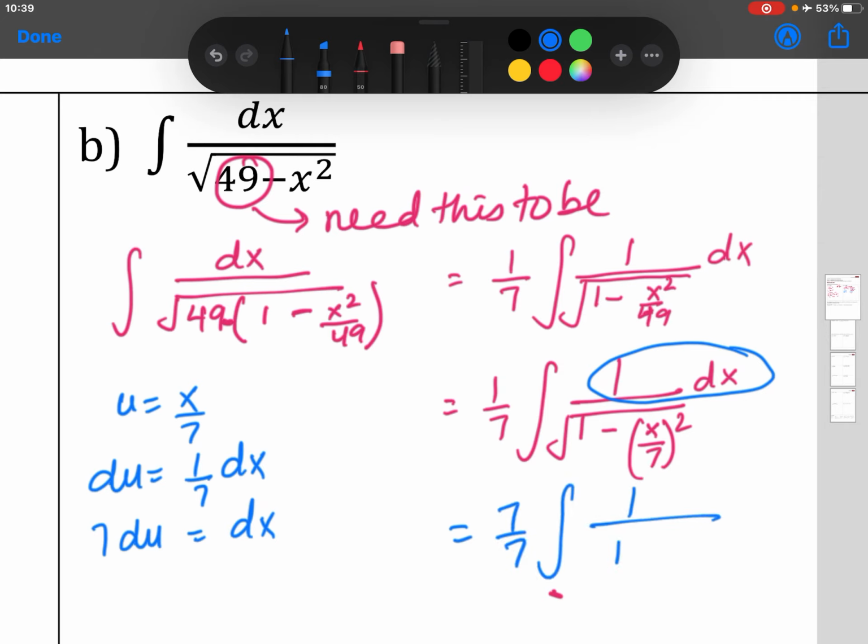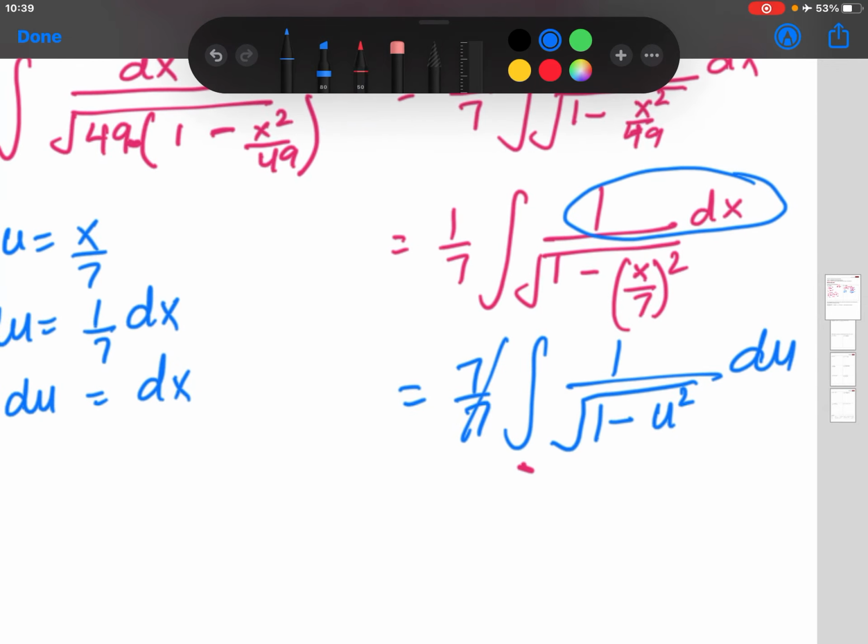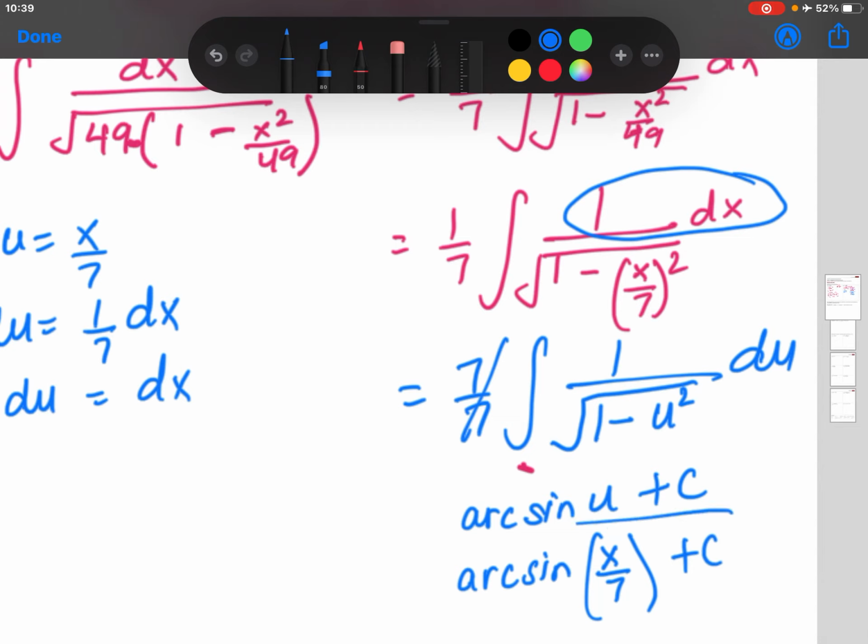And in my denominator, I would have 1 minus u squared square roots, and this would be du. These cancel out, and what are you left with? So whose derivative gives you 1 over square root of 1 minus u squared? It is arc sine of u plus c. So substitute back your u into it, which is what? X over 7 plus c, and that is your answer.